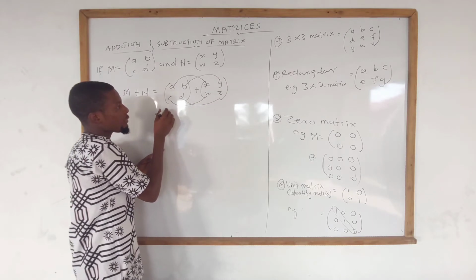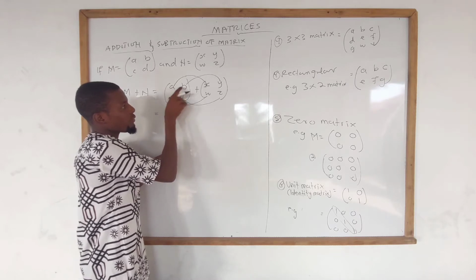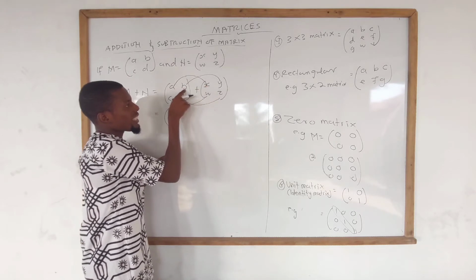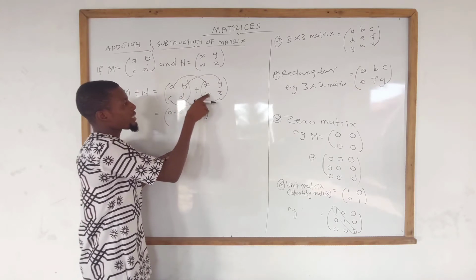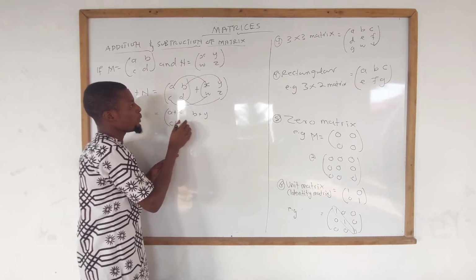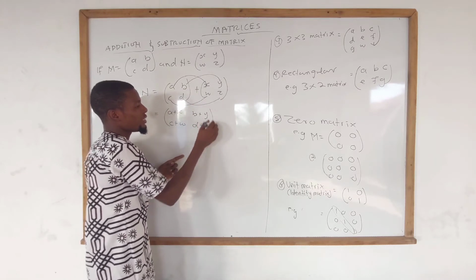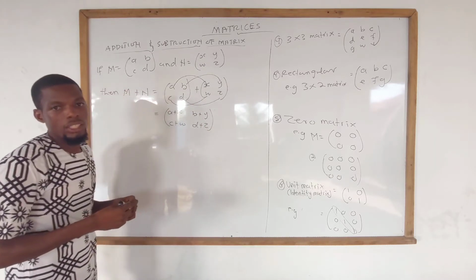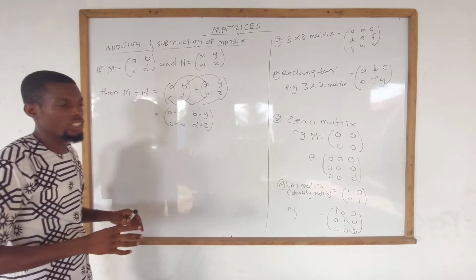So the final answer is A plus X, B plus Y, C plus W, and D plus Z. That's all.